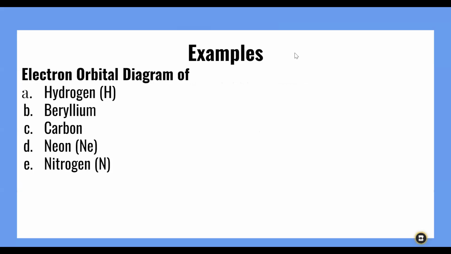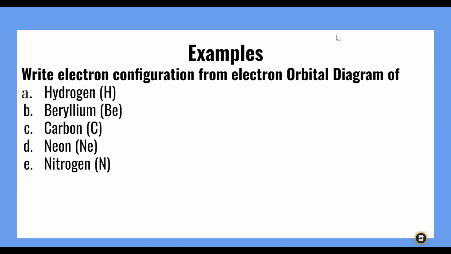I want you to pause the video. I've done the electron orbital diagram and the electron configuration of hydrogen, beryllium, and carbon. Okay. I want you to do D and E. I want you to draw the electron orbital diagram first and then figure out the electron configuration from the electron orbital diagram.